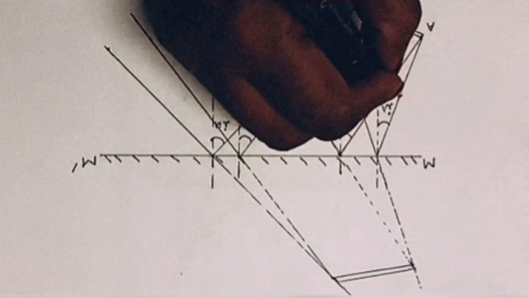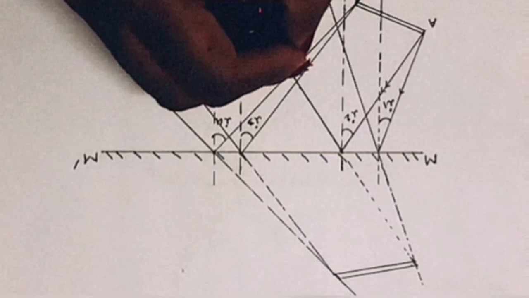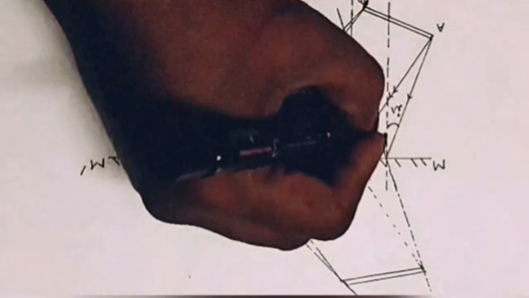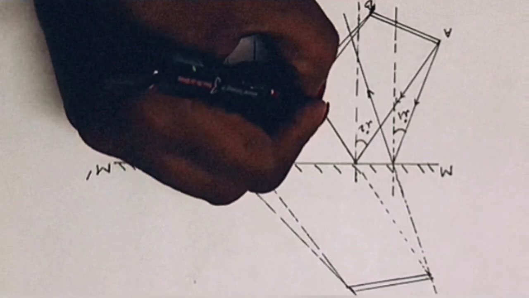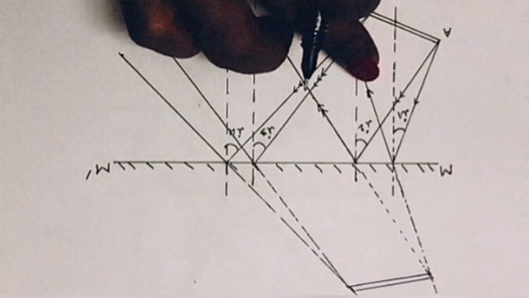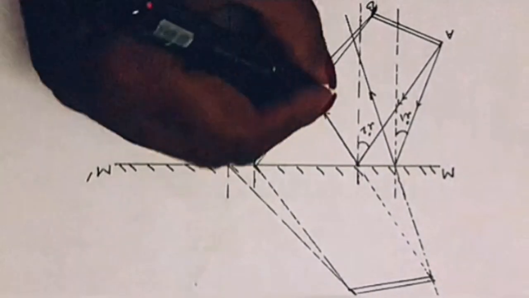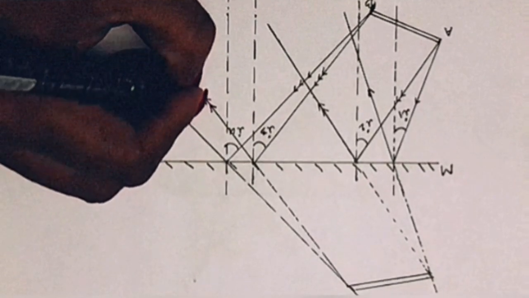These arrows are very important because they tell you the direction in which the rays are moving. This is the incident ray. It goes towards the mirror and bounces back. This is the first one. This is the second. This is the first reflected ray. This is the second reflected ray. This is the third incident ray, and this is the third reflected ray.